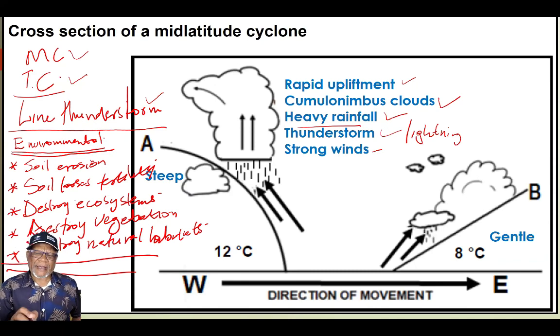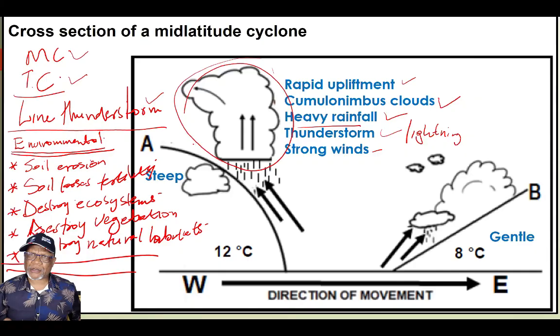Because mid-latitude cyclone is associated with cumulonimbus clouds, and tropical cyclone is associated with cumulonimbus clouds, and line thunderstorm is associated with cumulonimbus clouds, it doesn't matter what question or what phenomena will be assessed on Wednesday.